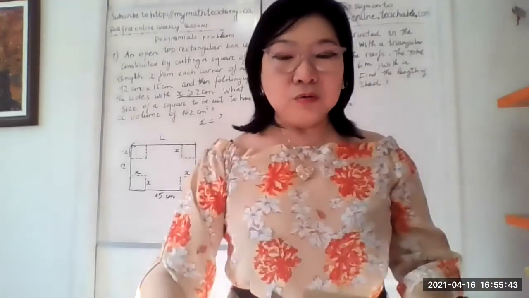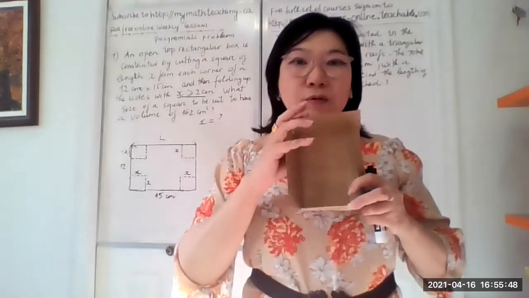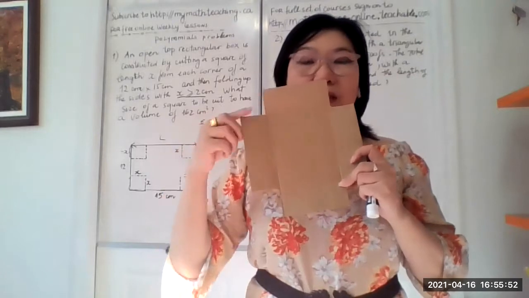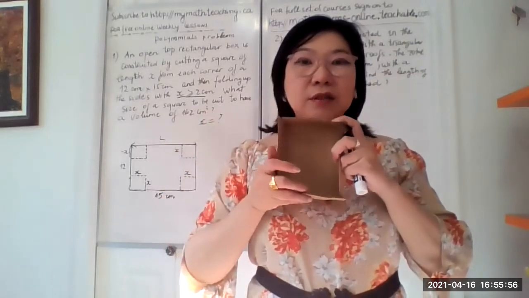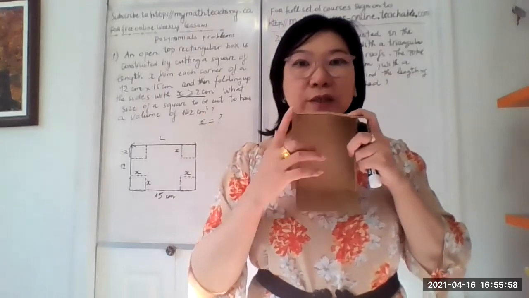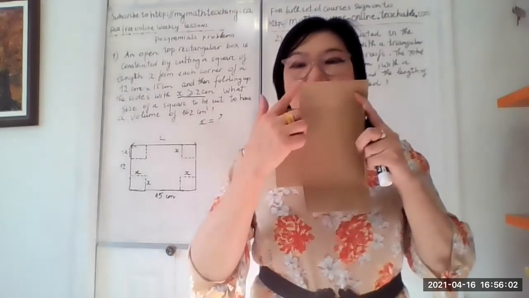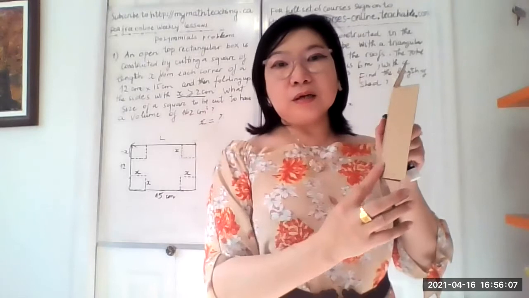So now I know in my new box, the length and the width are no longer 15 and 12 anymore because it will cut it short. So when I fold it, the box is shrunken. The length is shorter than before. Instead of from here to here, now it's only from here to here.